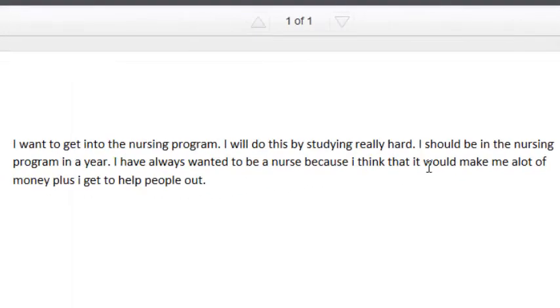When I take a look over here, I can see that they set a goal, but it isn't very specific. It isn't measurable because it doesn't say what steps they need to take to achieve their goal. It isn't reasonable or attainable because it says I should be in the nursing program in a year.